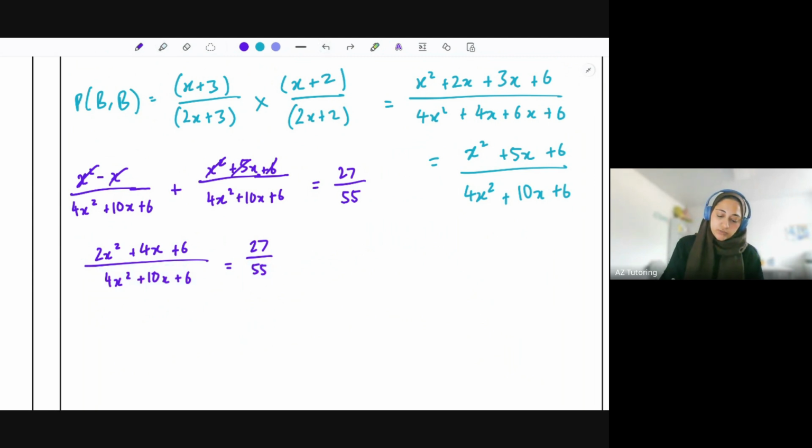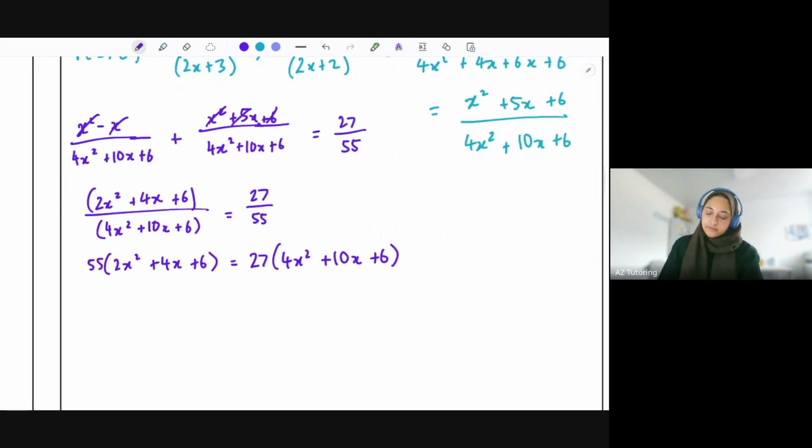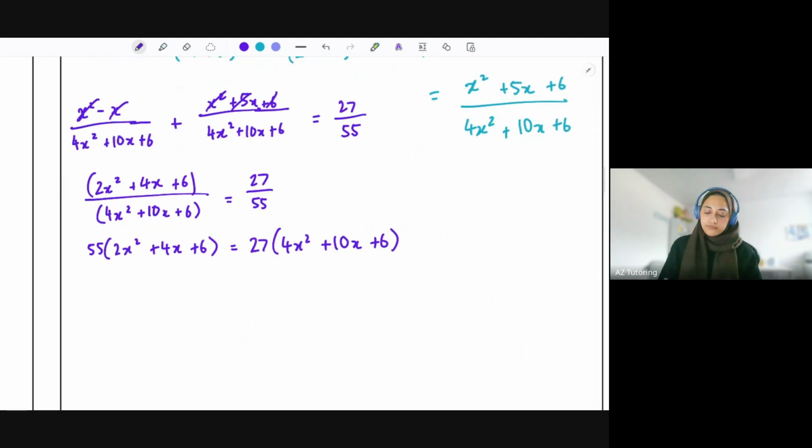So we call that cross multiplying. If you're not too comfortable doing that, you can use a different method, like bringing this up and then dividing by 27 over 55, but it just takes longer. I'm going to cross multiply. So 55 comes up to here, 55 times 2x squared plus 4x plus 6 equals 27 times 4x squared plus 10x plus 6. Let's expand now.